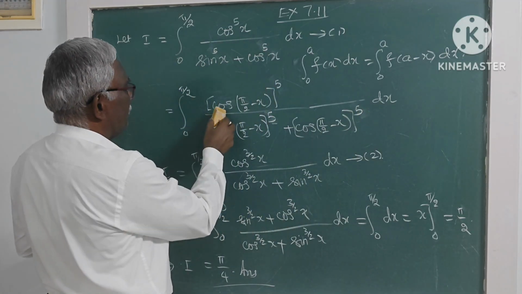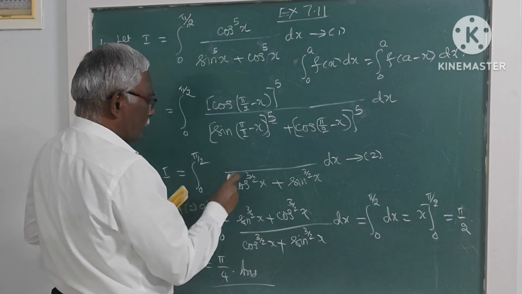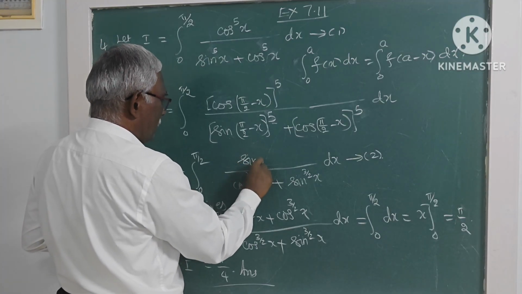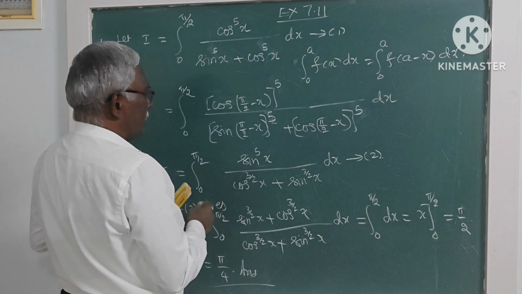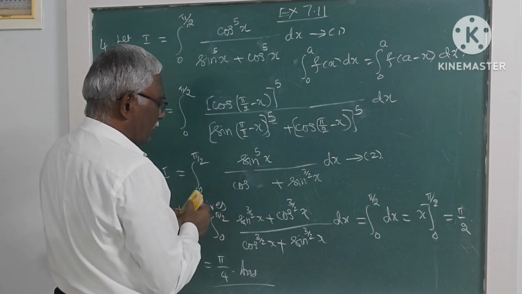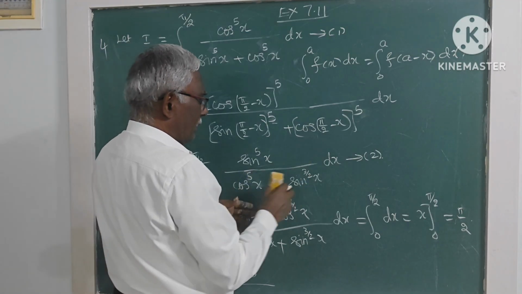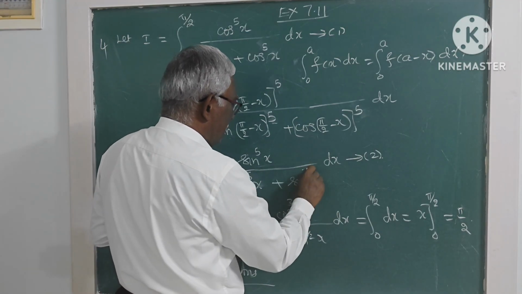Then cos of 90 minus x is sin x. This is cos x power 5, this is sin x power 5.